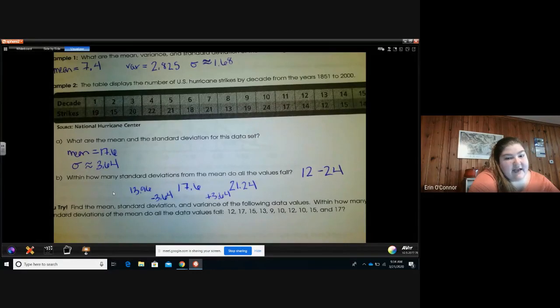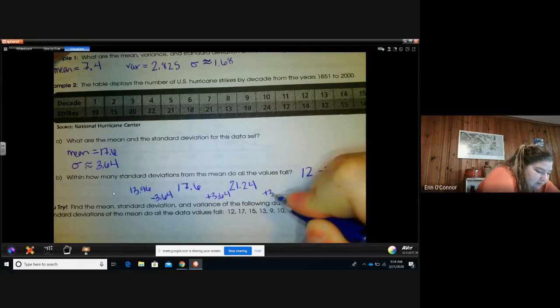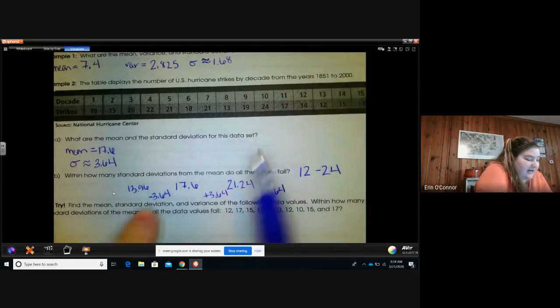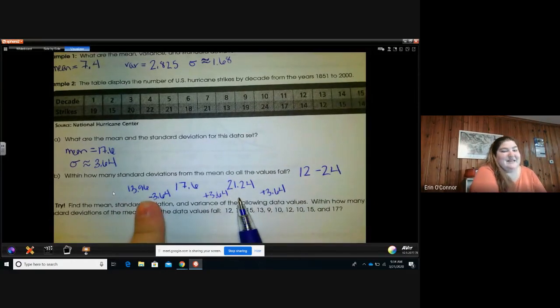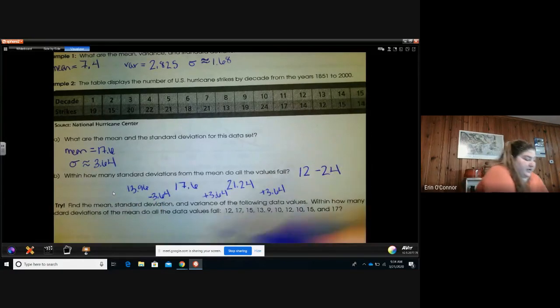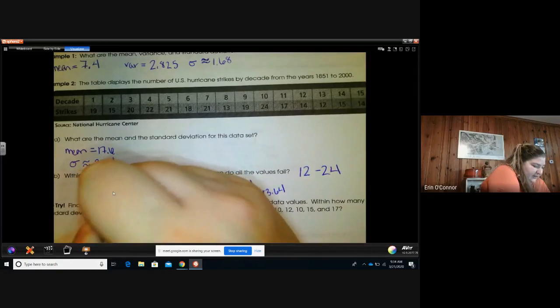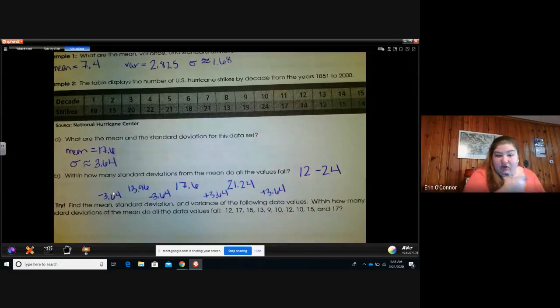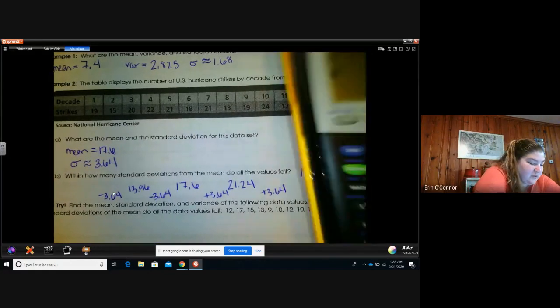We're not there yet, so we're going to have to do it again. So I'm going to add another 3.64. So right now we're one standard deviation away from either side. So now we're going to do it again on both sides and see if we will get it between 12 and 24.